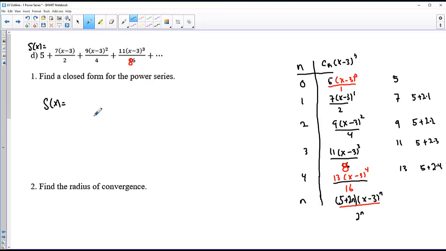And so now I can write down this formula. It's the sum n equals 0 to infinity of 5 plus 2n times x minus 3 to the n. And we can divide that all then by 2 to the n.